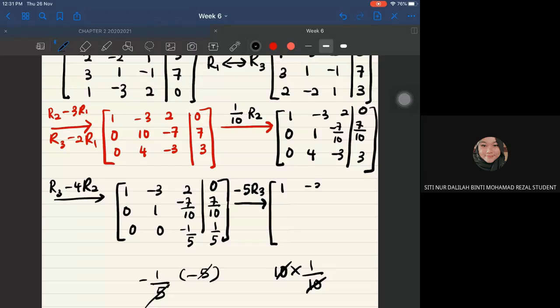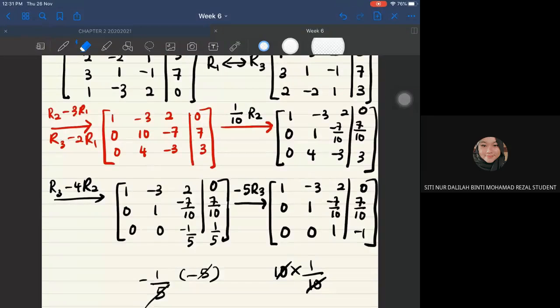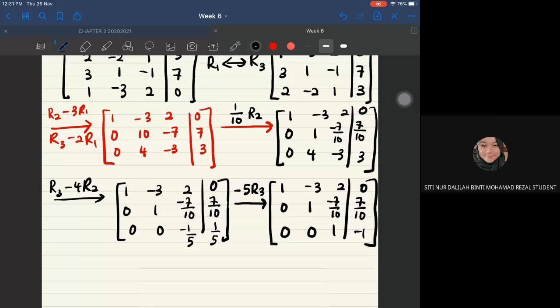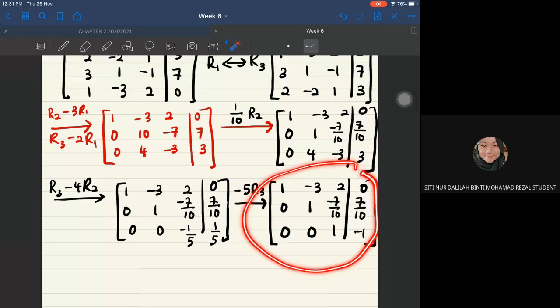So 1, -3, 2, 0, 0, 1, -7/10, 7/10. And the last one here will be 0, 0, 1, -1. If you look at the augmented matrix here, the last one is in REF form. Once you know it is in REF form, you have to determine the type of solution: no solution, many solutions or unique solution.